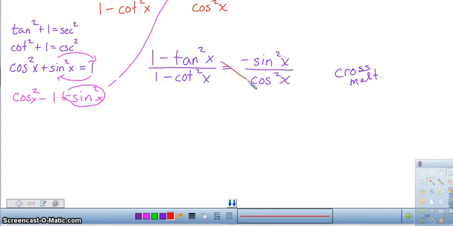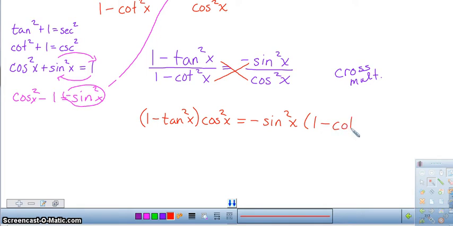I can take this numerator times this denominator, and then I could take this denominator times this numerator and set them equal. So I'm going to take 1 minus tangent squared, I'm going to use parentheses because that's a quantity, times cosine squared. I'm going to set that equal to negative sine squared times the quantity 1 minus cotangent squared.